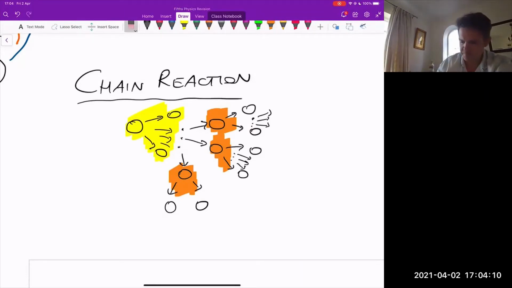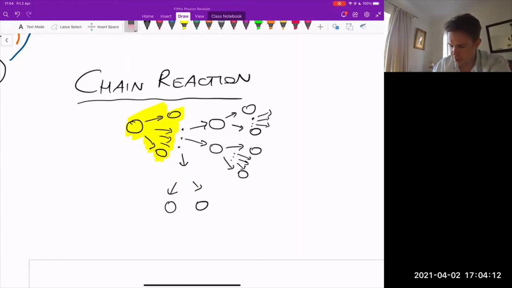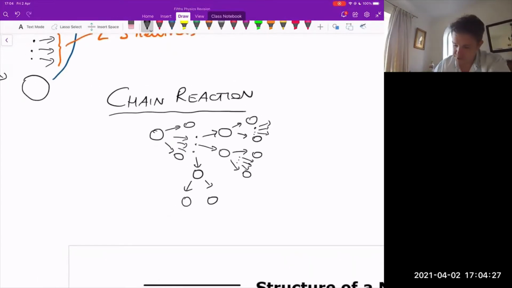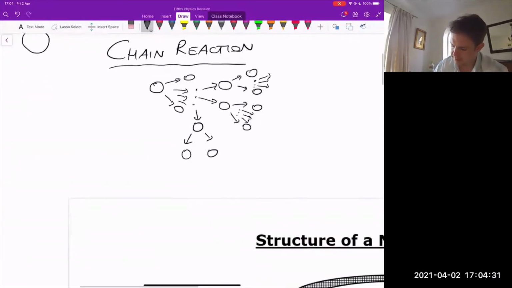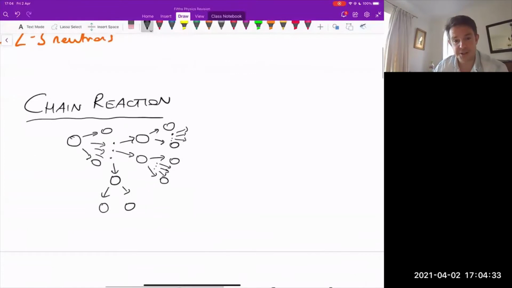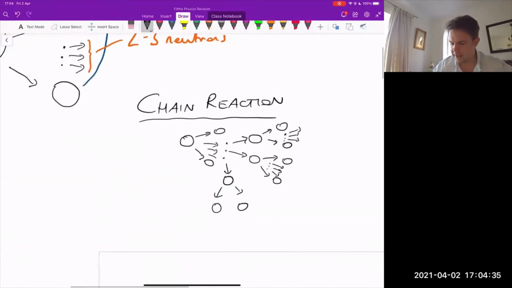So you could quickly get this runaway reaction rate, which can be useful, right? If you want to destroy large swathes of a city, it can be useful to have a chain reaction like that. But what we are most interested in is how you can control a chain reaction to produce energy which is usable.